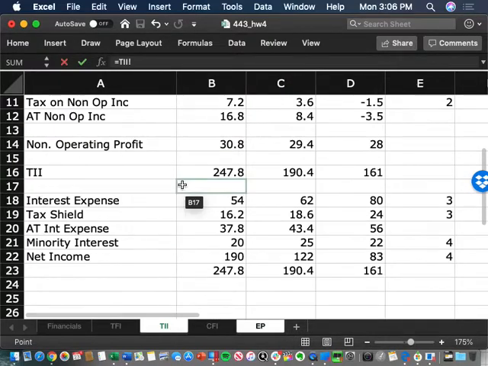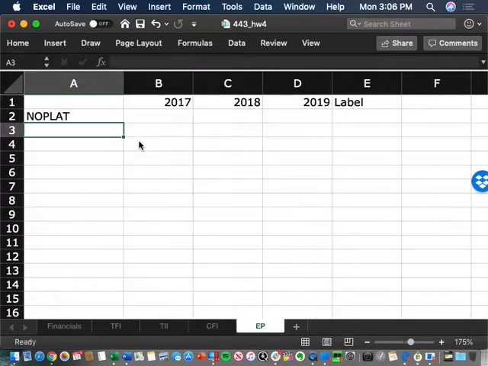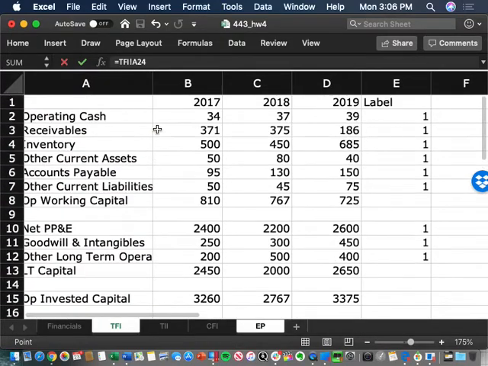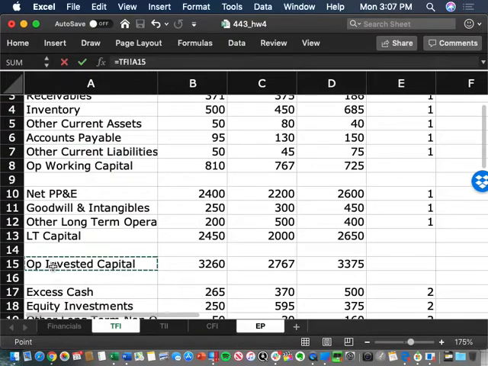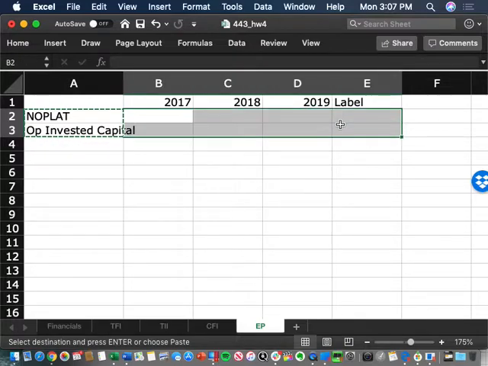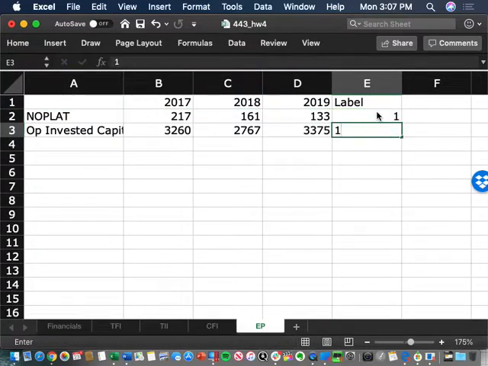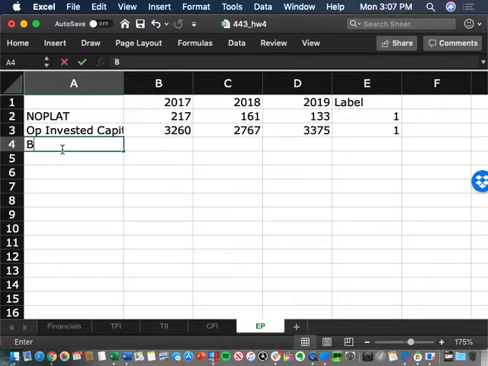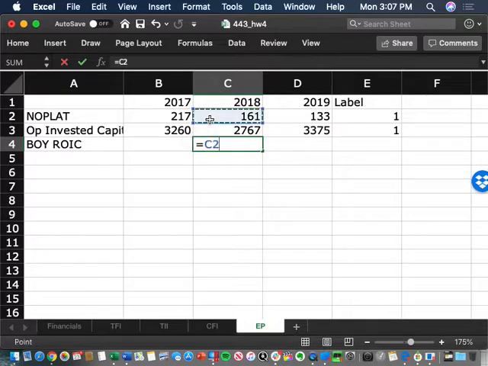So we take our NOPLAT, we take our invested capital, and if we know those numbers, I ask you to calculate a beginning of year ROIC, which is current year NOPLAT divided by last year's invested capital.